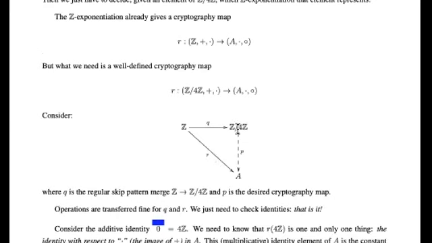Does the 0 here via exponentiation become the identity of this group, kind of like the identity of the actions? So the multiplicative identity, because now the main group operation of our message set is multiplication instead of addition.